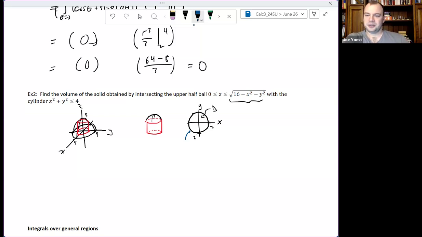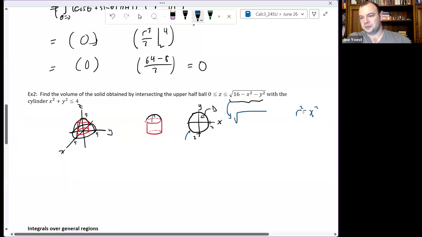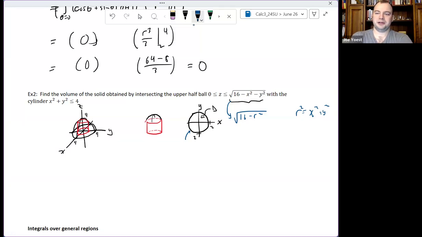But in this case, r squared, of course, is x squared plus y squared, so this is just 16 minus r squared for the integrand. So the integrand really doesn't get any more complicated. In fact, it seems to get even simpler. And we can rewrite the domain pretty easily in polar coordinates.